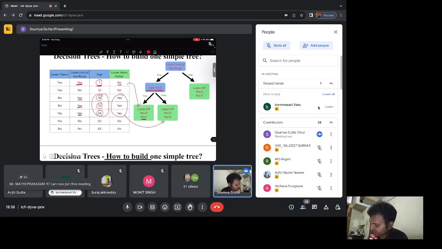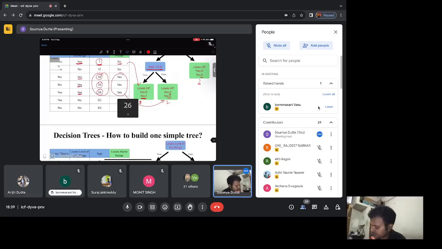So now you have ended up with 3 pure leaves: this is 1, this is 2, this is 3. All of them are pure leaves because only one representation is there: one case no, one case all yes, another case no. Of course your tree has to stop at this point, because you can't expect anything better based on this.